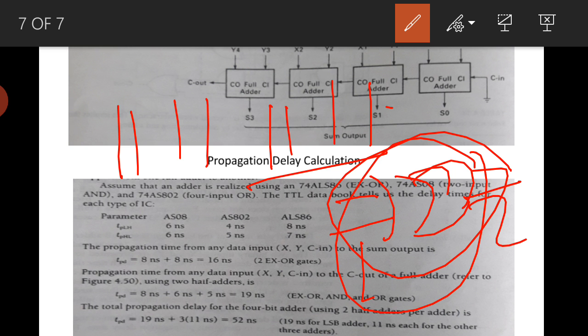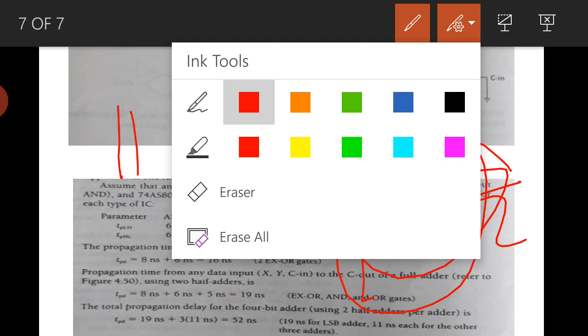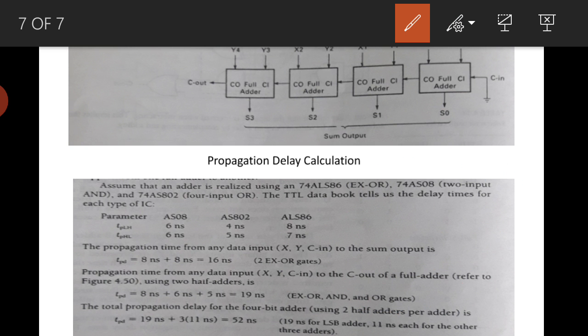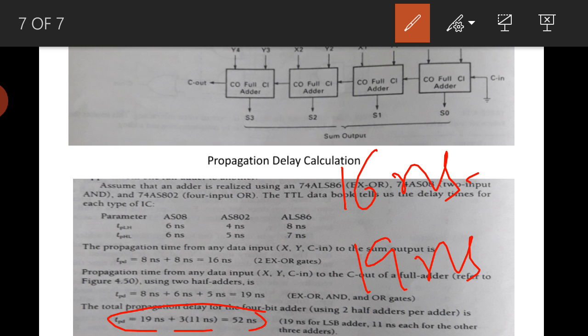Out of 16 nanoseconds and 19 nanoseconds, this is for sum and this is for carry. Whichever is maximum, 19 is the maximum.